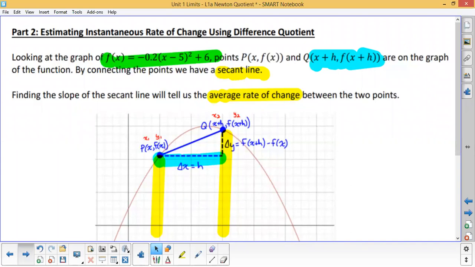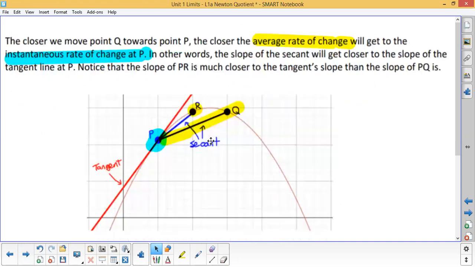Now, in the next slide, you can see P and Q was our original secant line describing average rate of change. But if I draw another point R, closer to my point P, I am going to get closer and closer to the instantaneous rate of change.